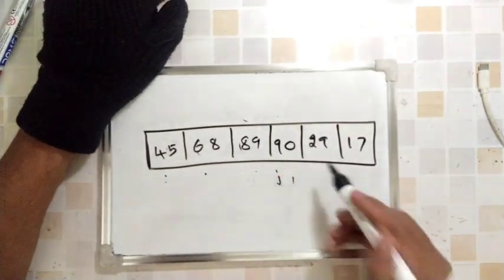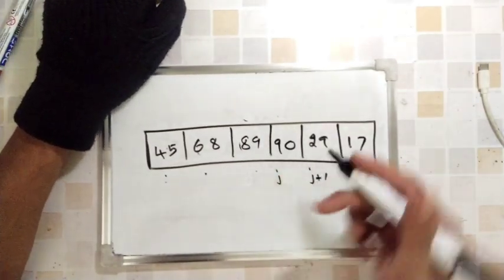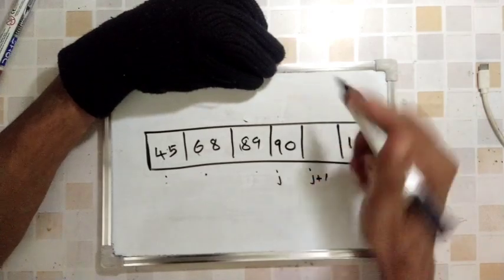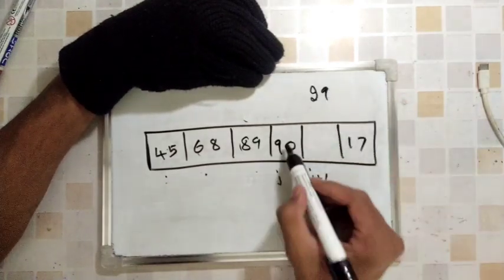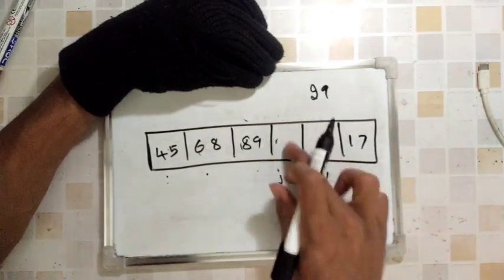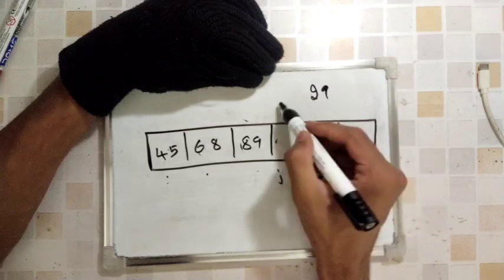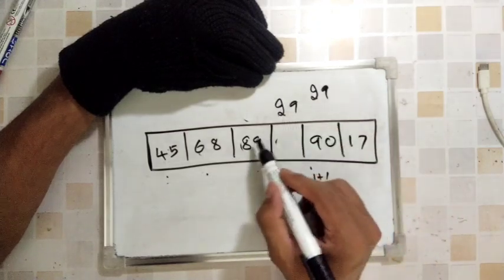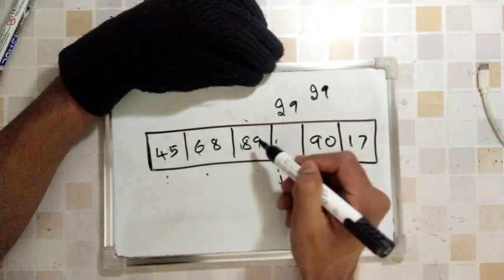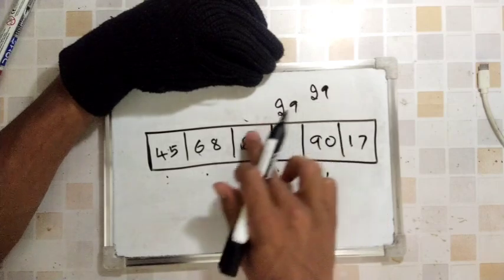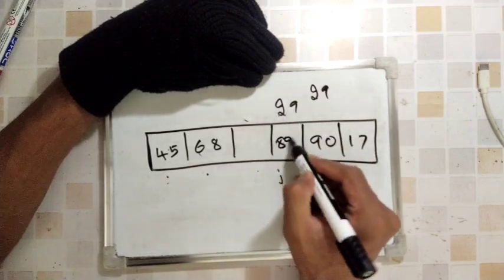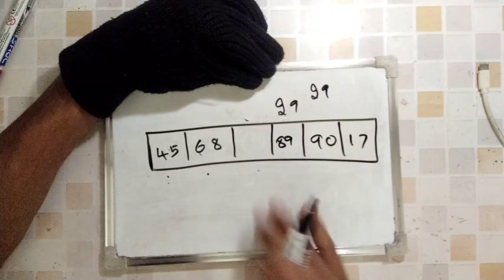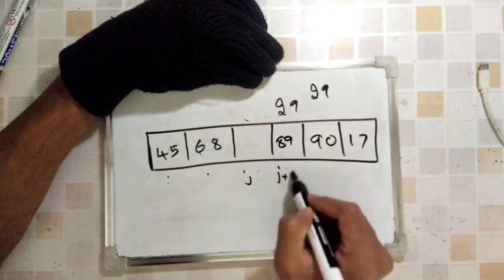It goes here, j plus 1 checks, so 29 is out. It comes with 90, 90 is greater, so 90 goes here. 29 is trying to fit here, but 89 is greater than 29, so again 89 will be sent here.